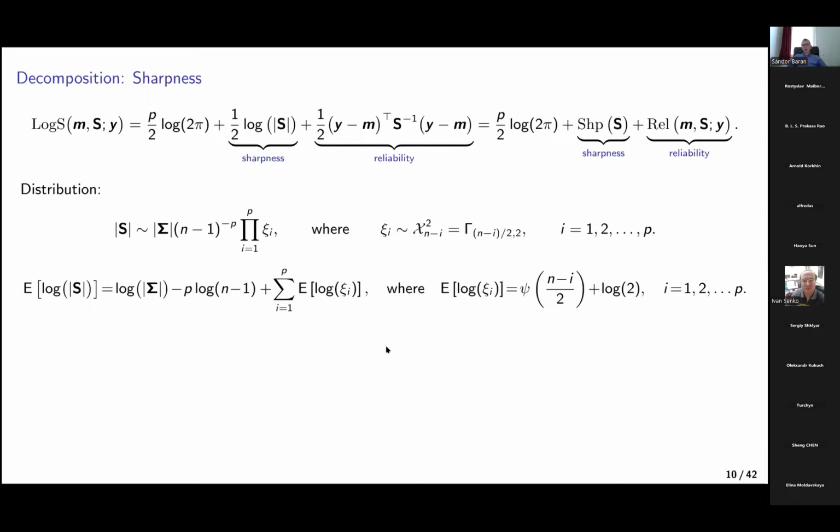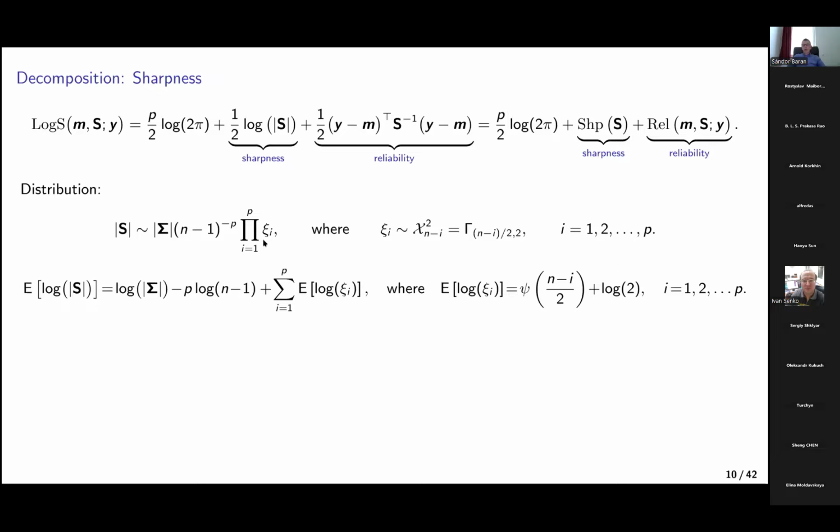A bit more interesting is the log of the sharpness, but again, we found a nice result that the distribution of the determinant of the empirical covariance matrix has the following form, where these psi i's are independent chi-square distributions, or gamma distributions, as you wish, special cases of gamma distributions.